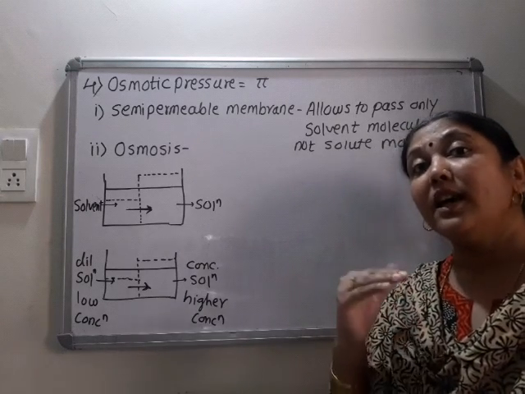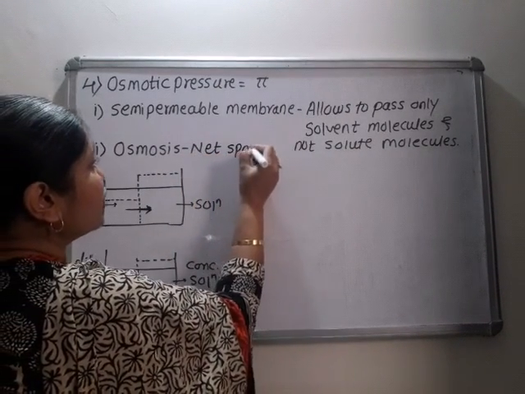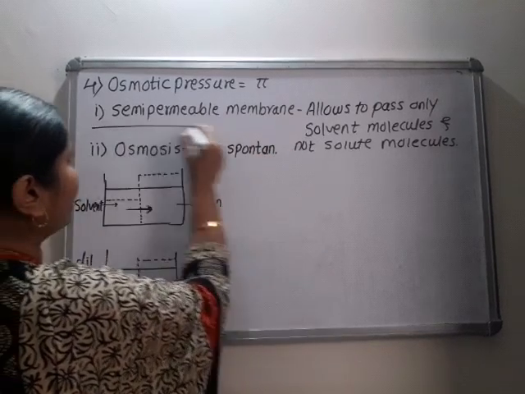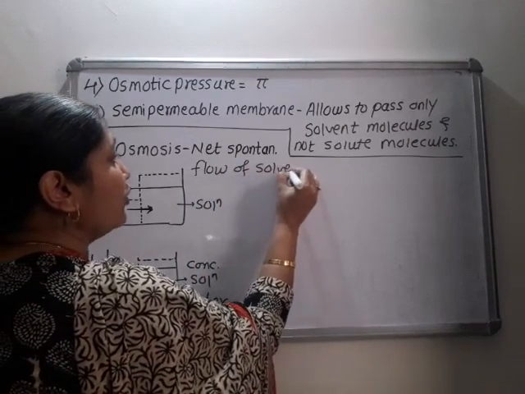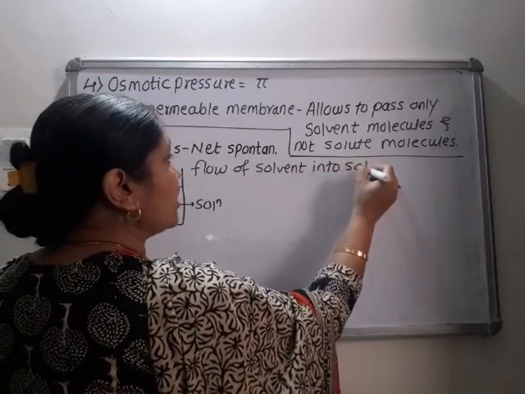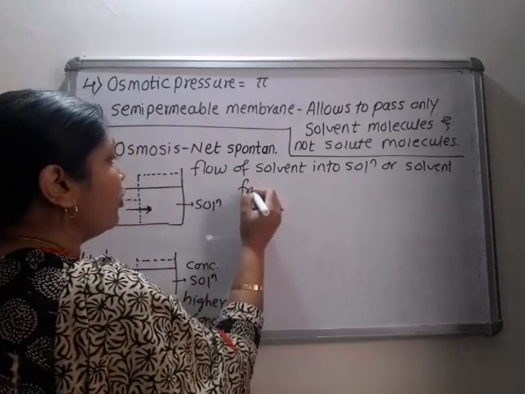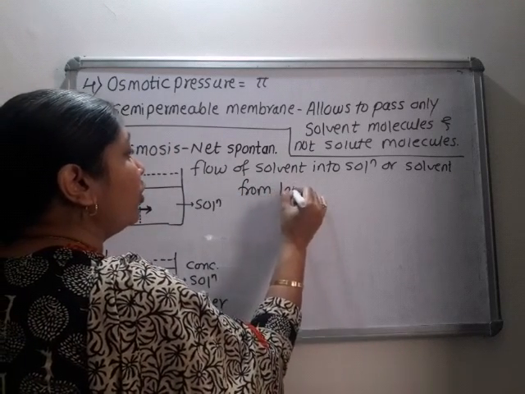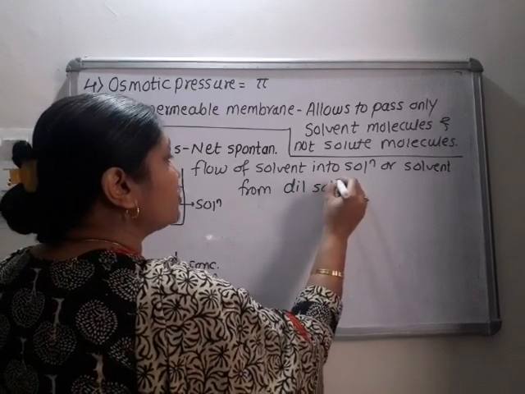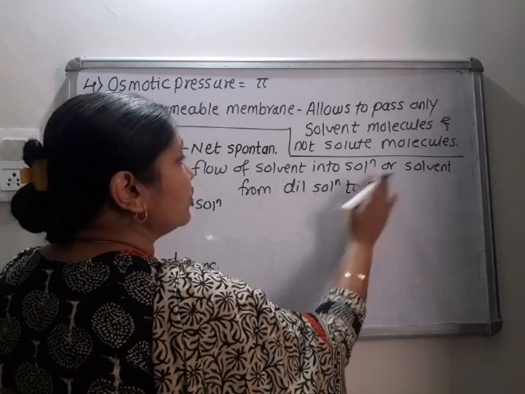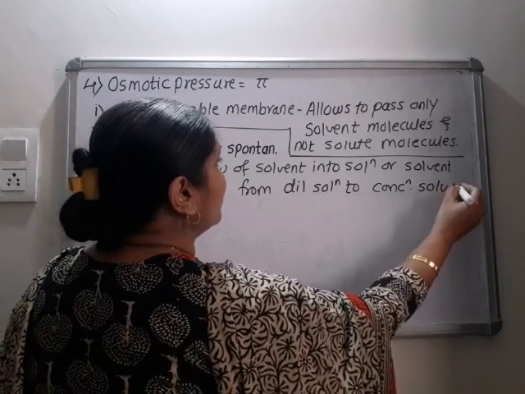So what is osmosis? It is net spontaneous flow of solvent into solution, or solvent from dilute solution to concentrated solution.